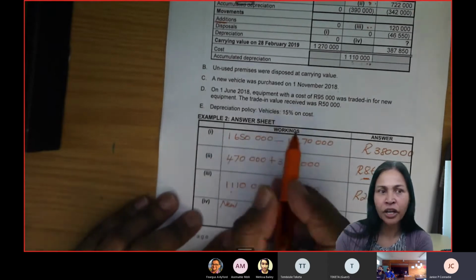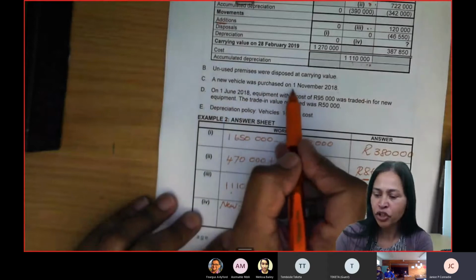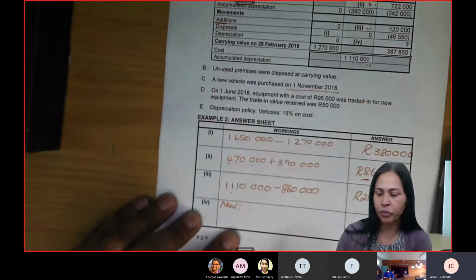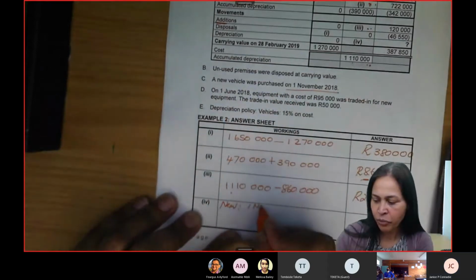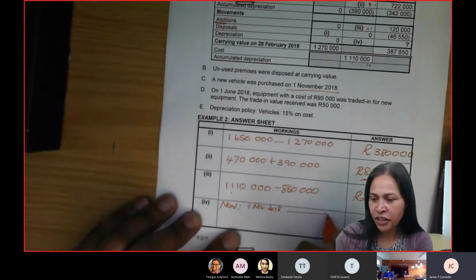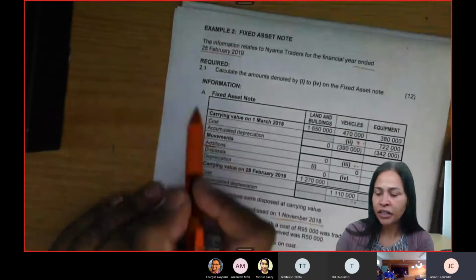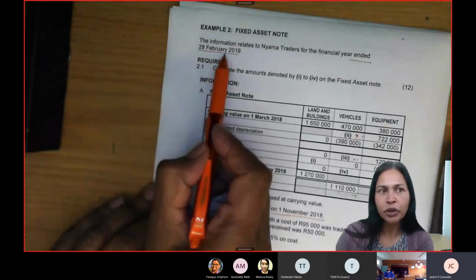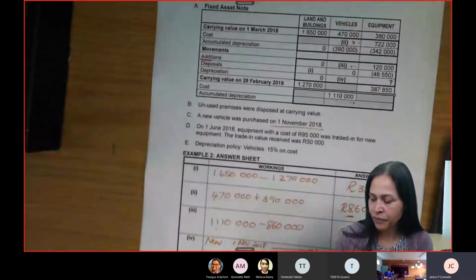A new vehicle was purchased on 1st of November. So from the 1st of November 2018, when does my financial year end? It ends on the 28th of Feb 2019.